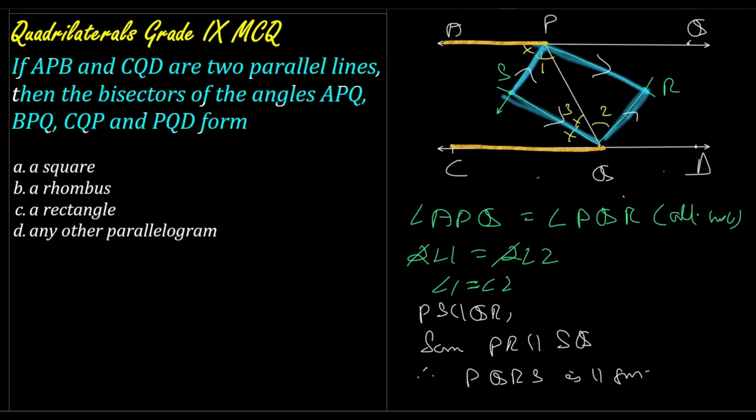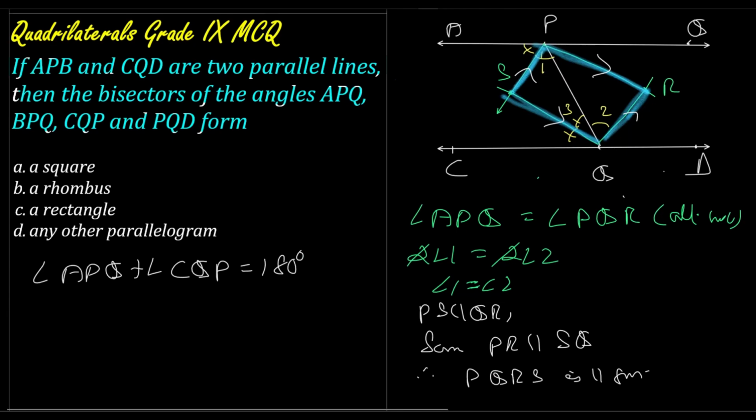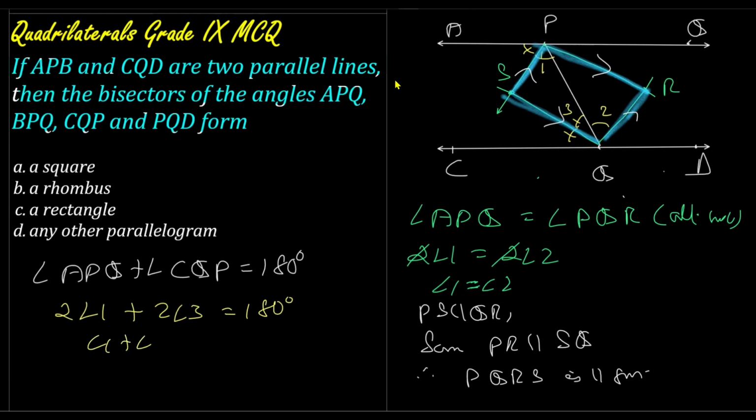Reason is co-interior angles. So I write angle APQ plus angle CQP is equal to 180. Same as the previous way, we replace this angle with twice angle 1 and this by twice angle 3, equal to 180 degrees. So angle 1 plus angle 3, on taking 2 common and dividing by 2, is 90.